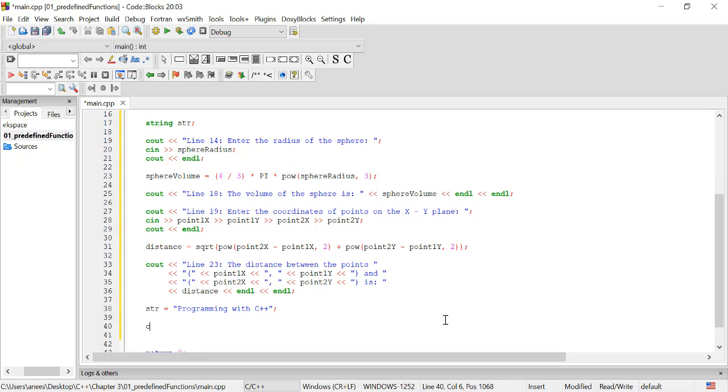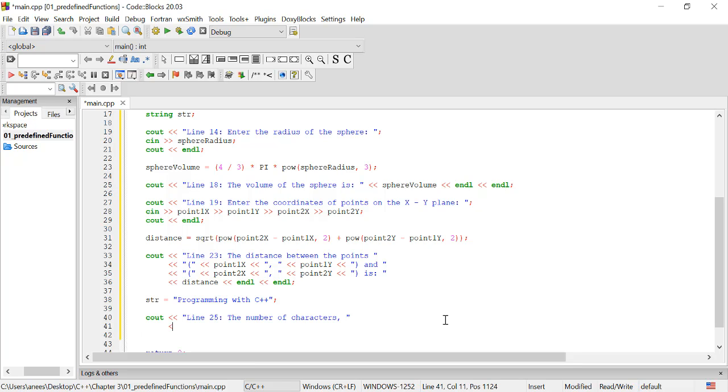Now then we write cout line 25 is equal to the number of characters including blanks, comma, in. Now this is the new line character.